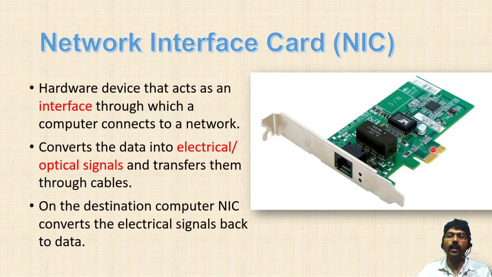We attach this expansion card directly on the motherboard, and here we connect an RJ connector port, which is on the backside panel of the computer. Today's computers as well as laptops have the network interface card on a chip or an IC, which is directly embedded on the motherboard.